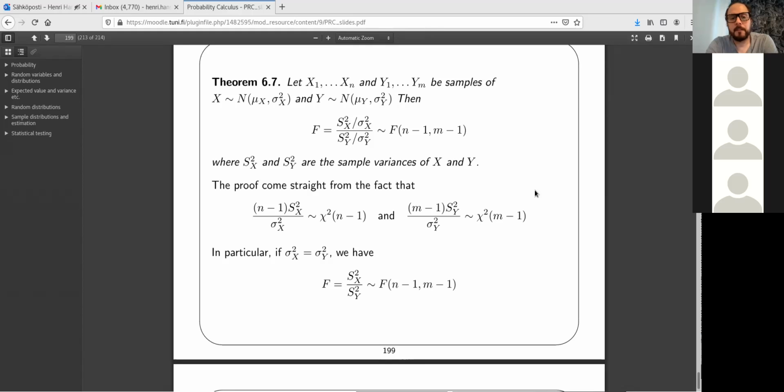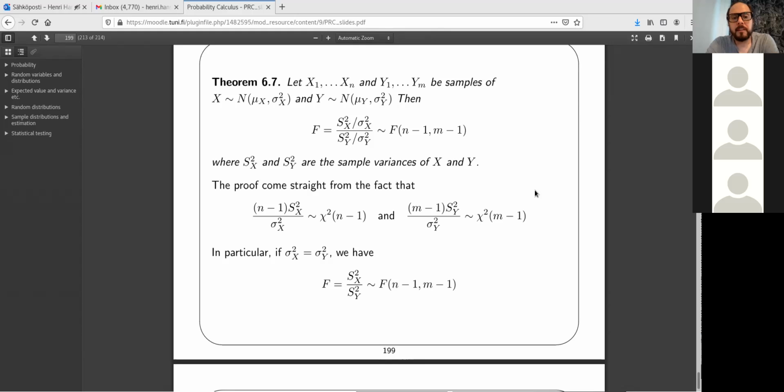So this is fairly easy to prove by noticing the chi-squared distributed nature of these test variables that we came up with before, with the change of variance, whether the variance is in the hypothesized region.